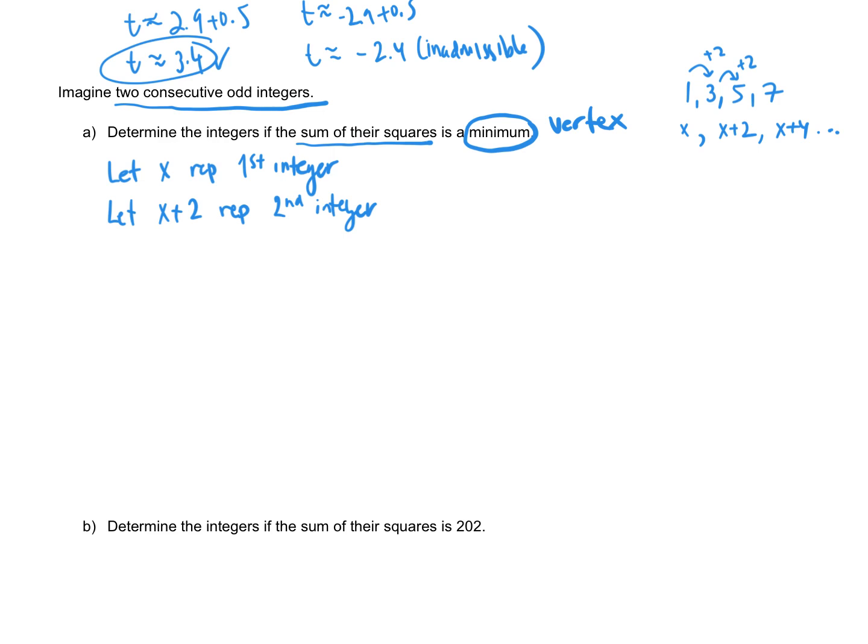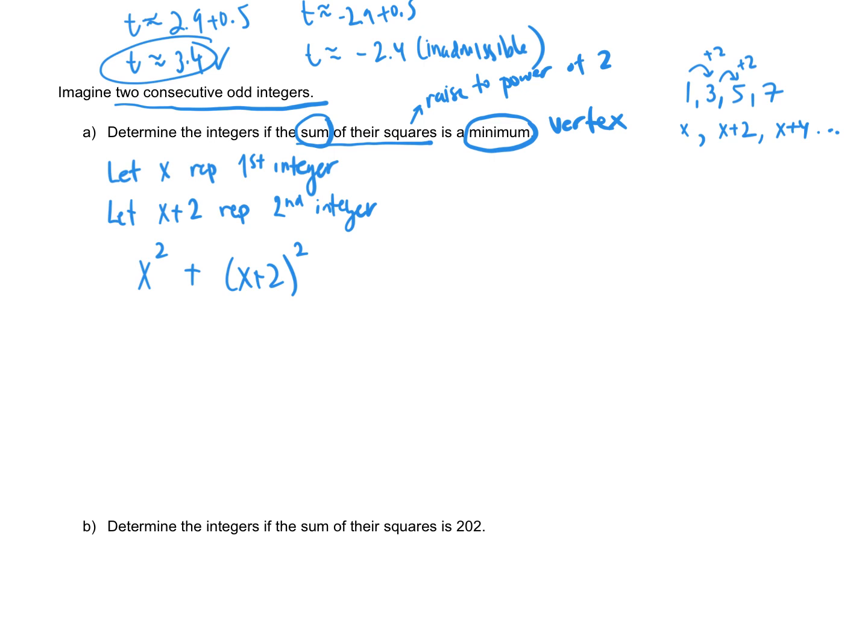So now let's decipher. Determine the integers if the sum of their squares. So that means I'm going to be adding, and squares means raise to the power of 2. So the x has to be to the power of 2, and the x plus 2 has to be to the power of 2. So there it is. The sum in the middle of their squares is a minimum.